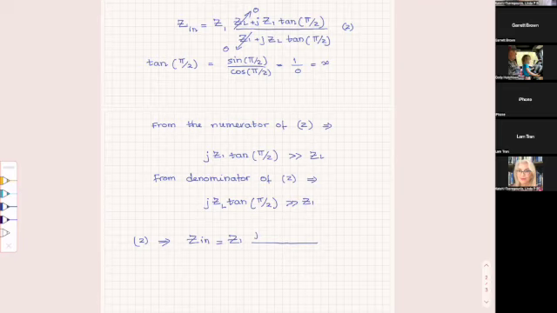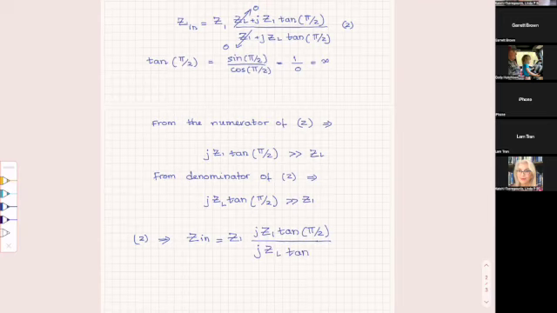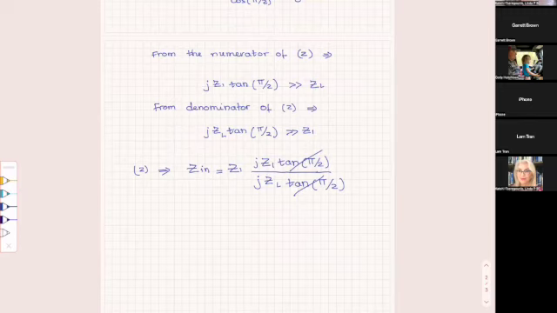So I have j Z1 tangent pi over 2 divided by j ZL tangent pi over 2. I cancel the common term, and what I have is that Z input equals Z1 squared divided by ZL.